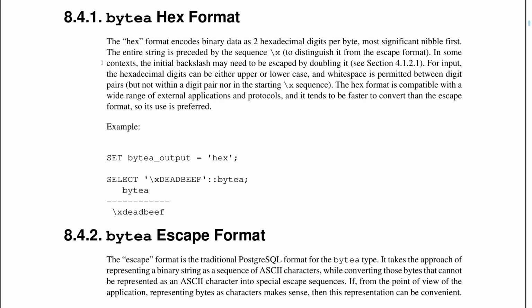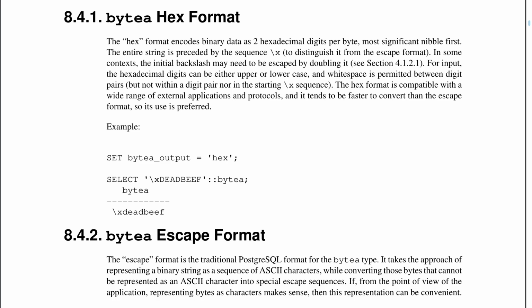So we have the bytea hex format. The hex format encodes binary data as 2 hexadecimal digits per byte, most significant nibble first. A nibble is 4 bits. The entire string is preceded by the sequence \x to distinguish it from the escape format. In some contexts, the initial backslash may need to be escaped by doubling it.